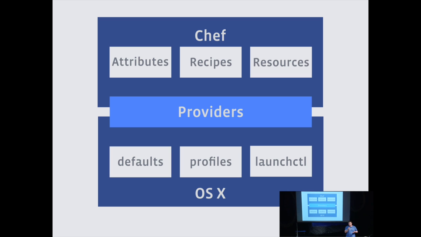You want this user with this password, and it does it. You don't need to know which commands are being run and which options to use, which command line flags. The resource knows how to handle that for you. And they are implemented via providers. So you have a provider that knows when you specify this resource, these commands are run in this fashion, and it gives you the end result that you want.